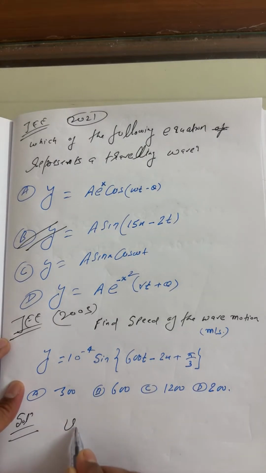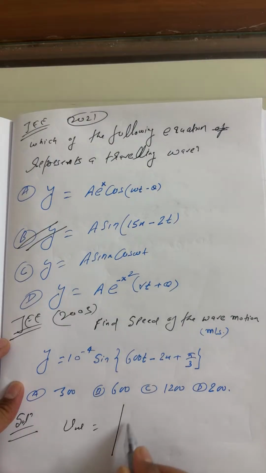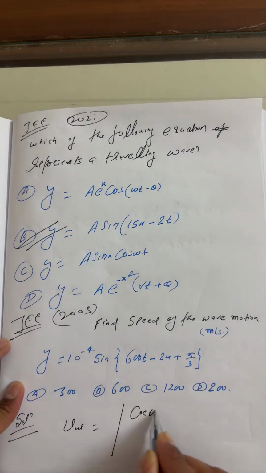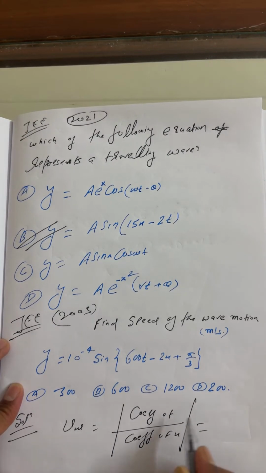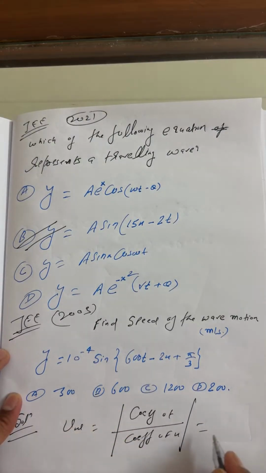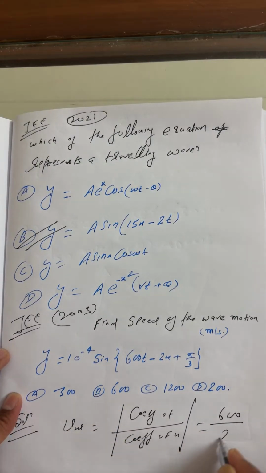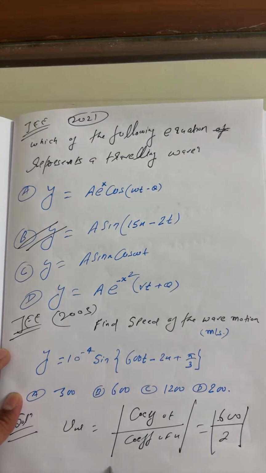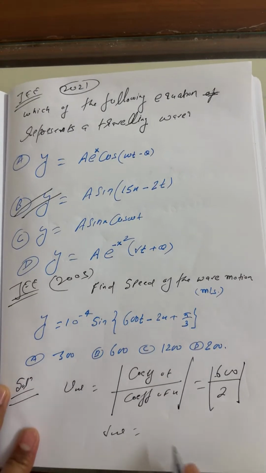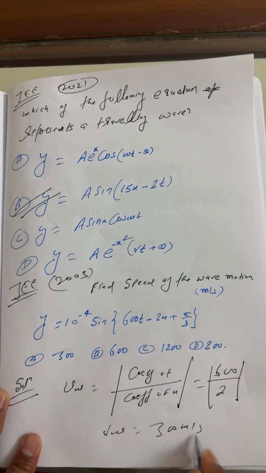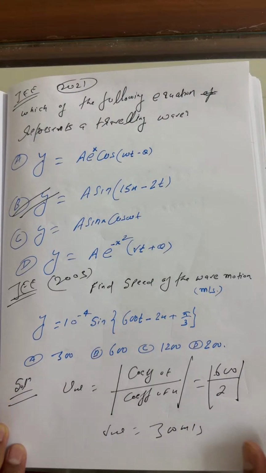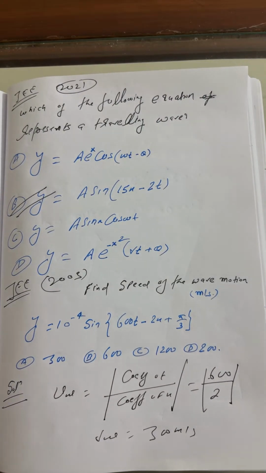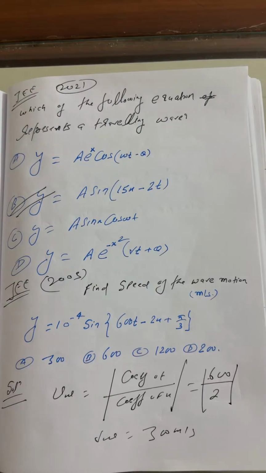So, velocity of wave, I hope all of you remember: coefficient of t upon coefficient of x. Coefficient of t is how much? 600 here. Correct. Minus, so this is 300 meter per second. Very good. Now next question, sir.